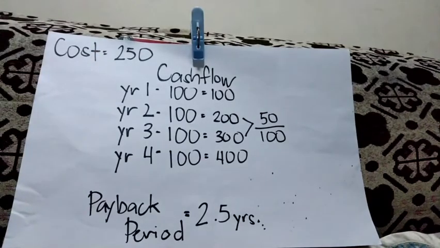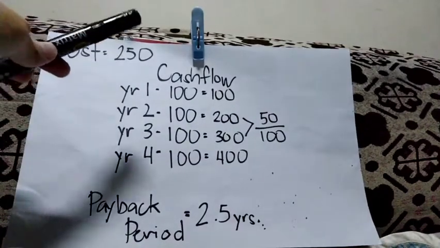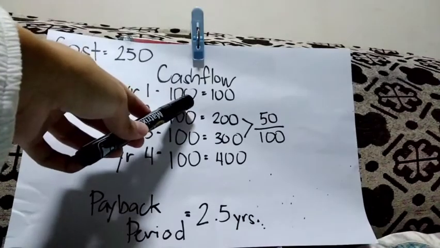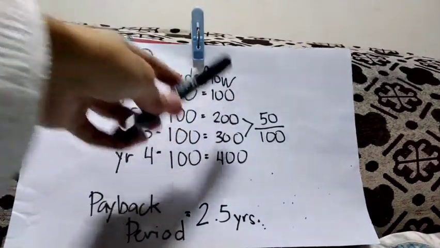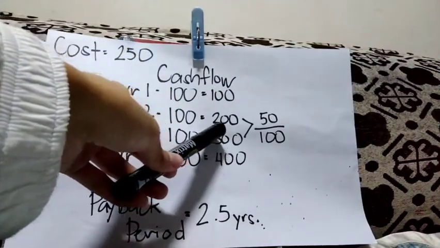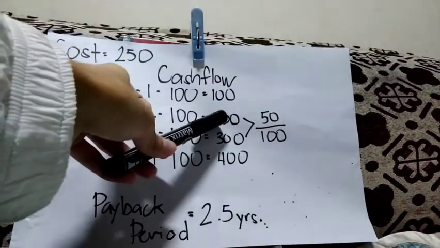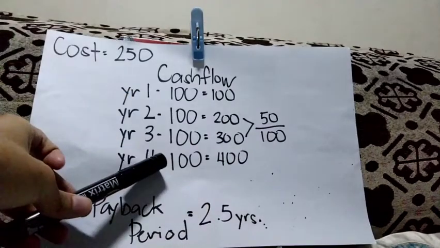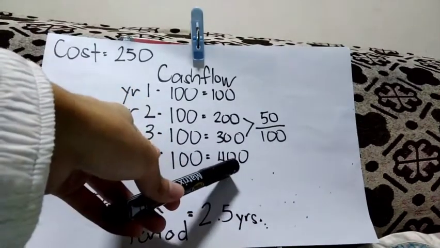So for this problem, in year 1 we have 100, year 2 100, add, therefore 200, year 3 100, add, therefore 300, year 4 100, add, therefore 400.